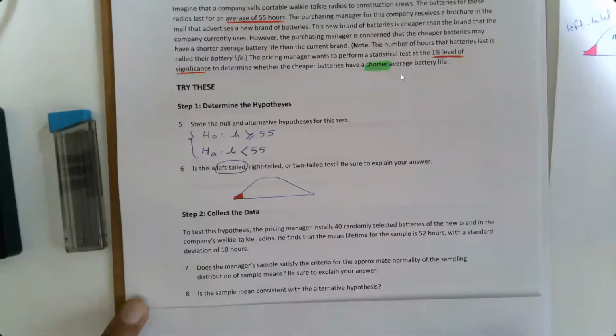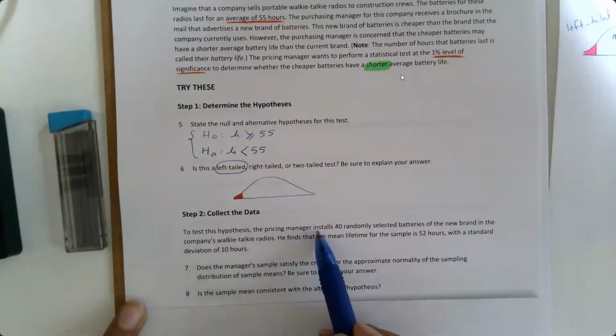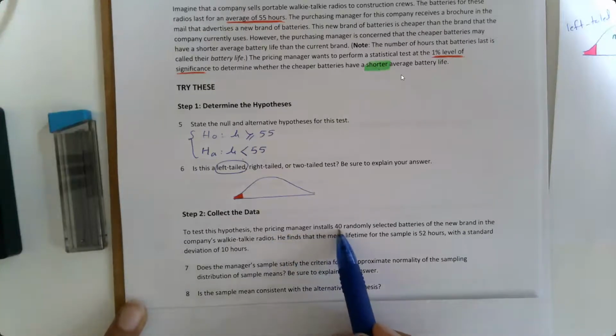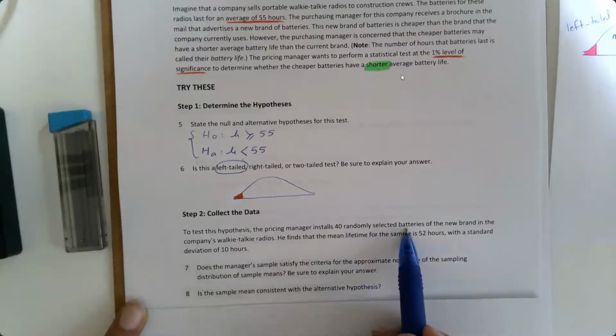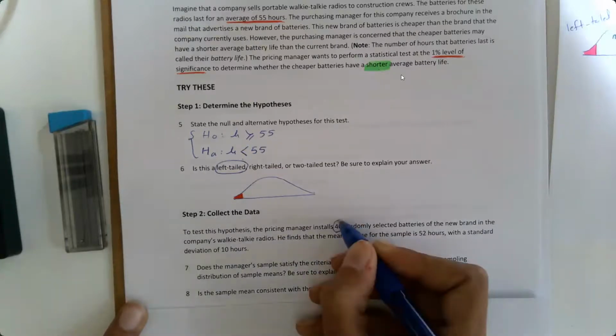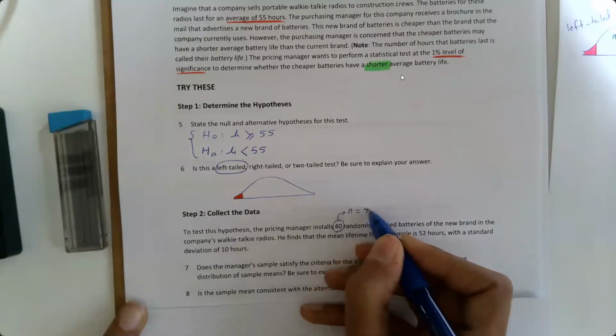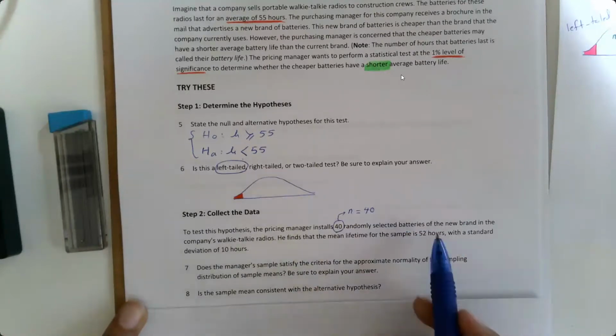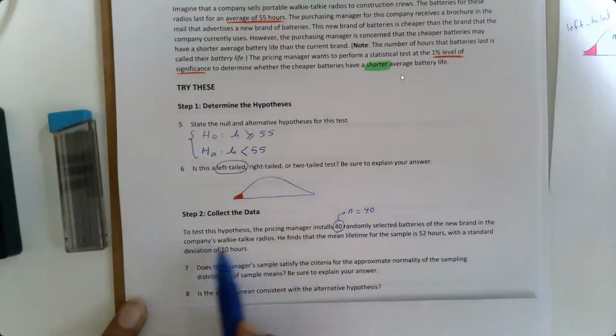To test this hypothesis, the pricing manager installs 40 randomly selected batteries. Well, what is 40? 40 is my N, the sample size, of the new brand in the company's walkie-talkie radios.